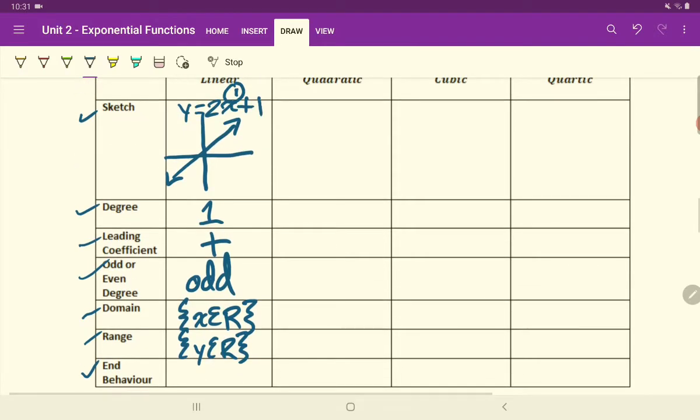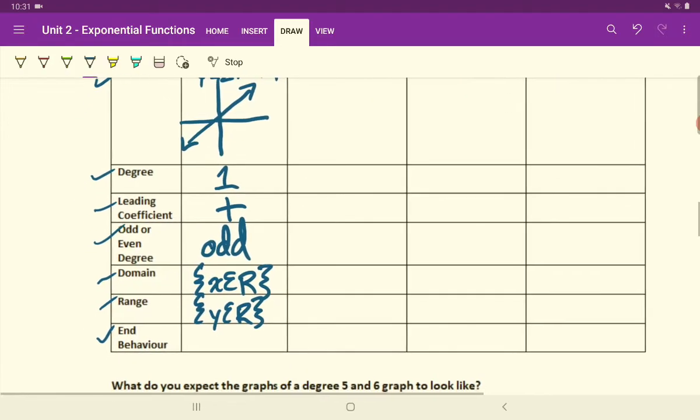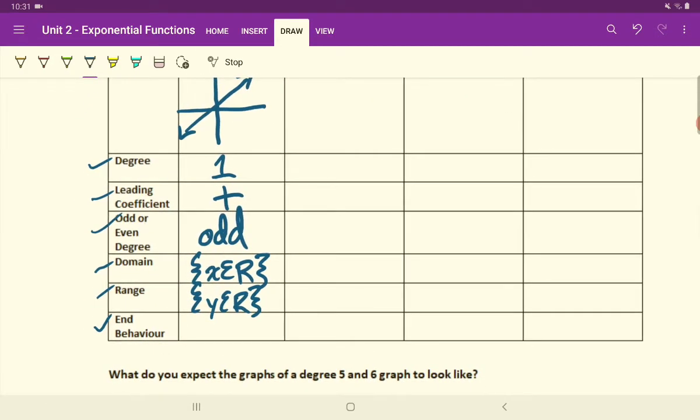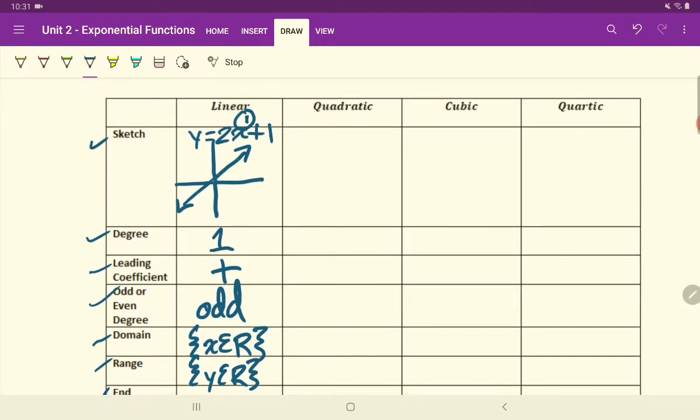Now here's something new, the end behavior. Here's how we're going to write out the end behavior. What the end behavior is saying is what happens as this line approaches infinity to the right and infinity to the left. What is happening to my y's as a result?